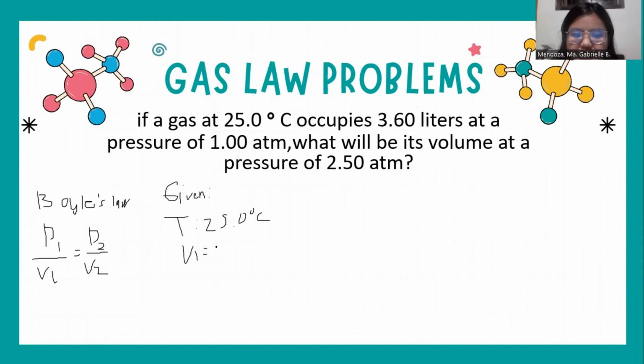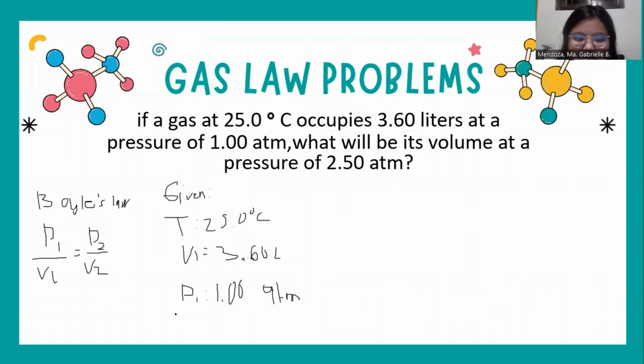So, V1 is equivalent to 3.60 liters. And pressure 1, that would be 1.00 or basically it can be 1 na lang. Para din yung pahirapan yung mga buhay nyo. ATM. So, always remember na ang pressure, ang unit na lagi, dapat ATM.